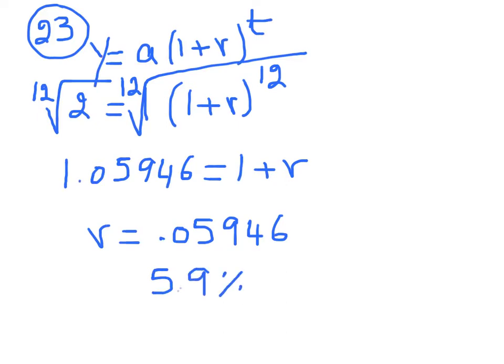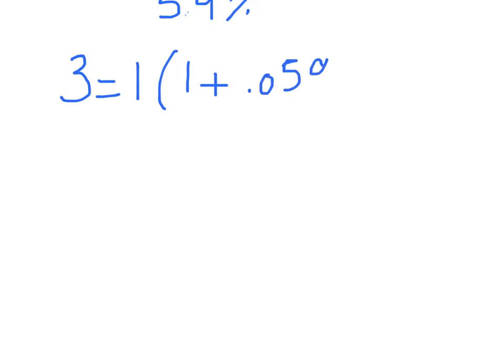Now continuing with the problem to answer the question, we want the population to triple. So if we start with the same formula, I want 3 equal to the amount that you started out with, and this will be 1 plus the rate, which is 0.0595, and we're looking for the time. Now I want you to log both sides.